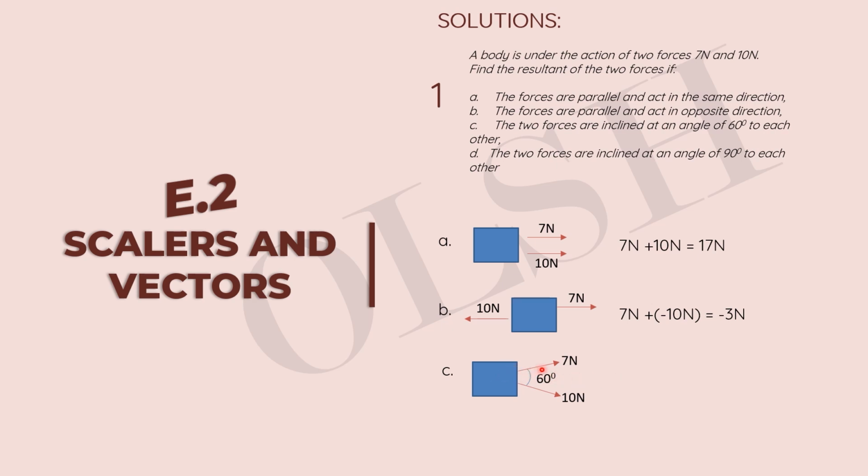So basically, if this and this are the 2 forces, of course we can represent them with the adjacent sides of a parallelogram, because we can draw a complete parallelogram like this. But that aside for now, let's bring in the law of cosines, the formula for the law of cosines, to solve this problem. Okay, so we have r squared equal to p squared plus q squared plus 2pq cos theta.